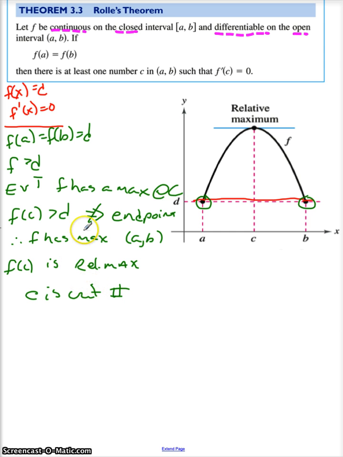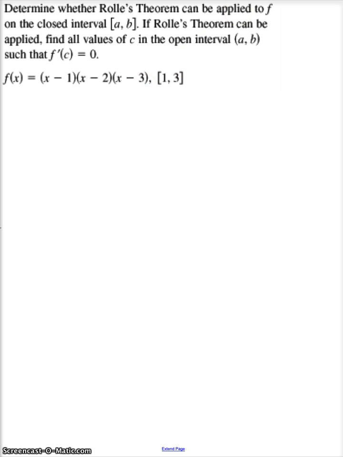And finally, since f is differentiable at this point, therefore we know that f prime has to be 0. Now that's a tremendous amount of work. Please memorize it and be able to apply it, which is what we're going to do from here on.